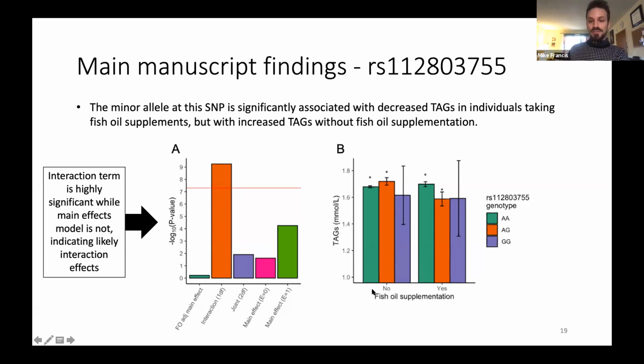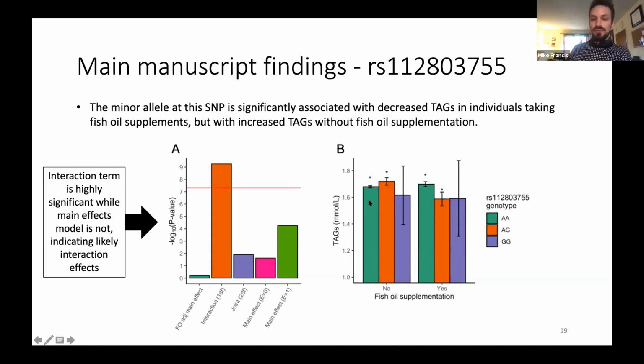And so on this graph, on the left we have people who don't take fish oil, and on the right we have people who do take fish oil. The major genotype AA is a tiny bit higher in those who do take fish oil, but then we see a divergence.